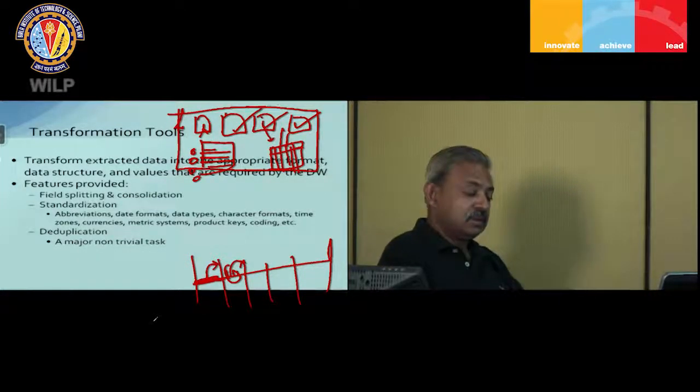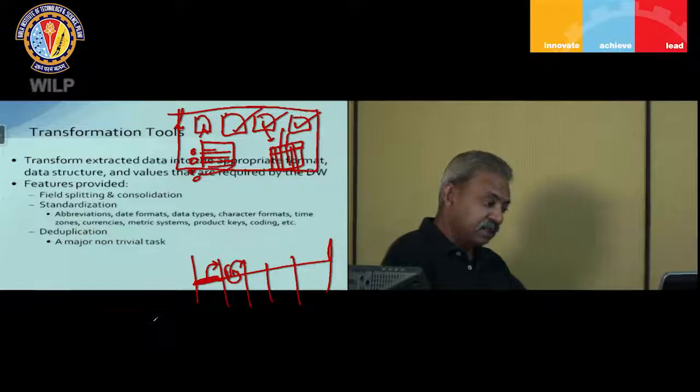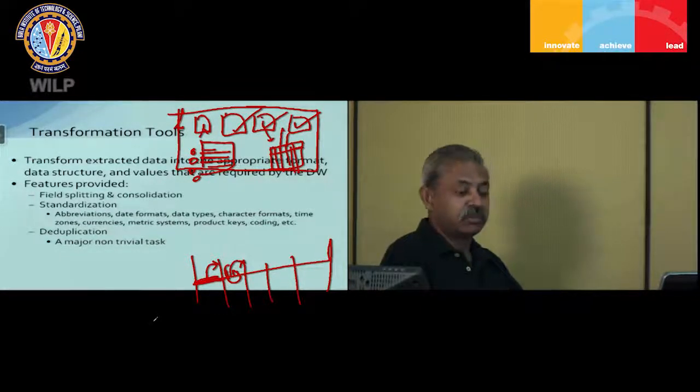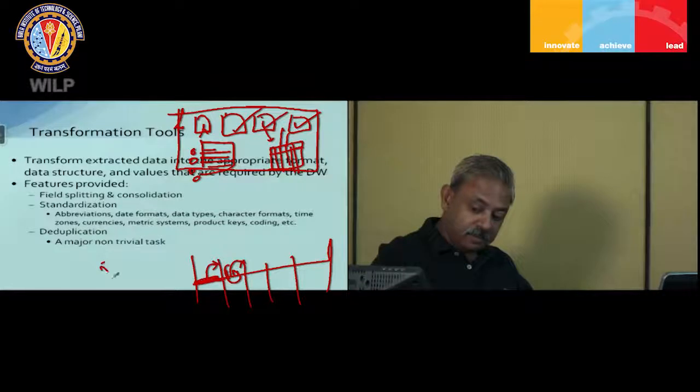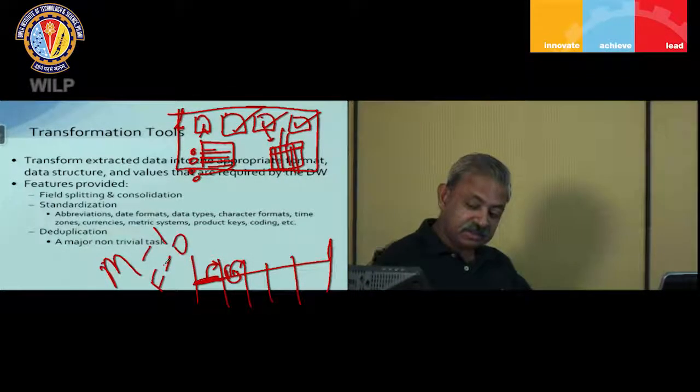Product keys: say the same product is being represented by different keys in different systems, so you need to arrive at a common product code or product key. Then coding. Say in many applications I've seen that male is represented by 1 and female represented by 0.